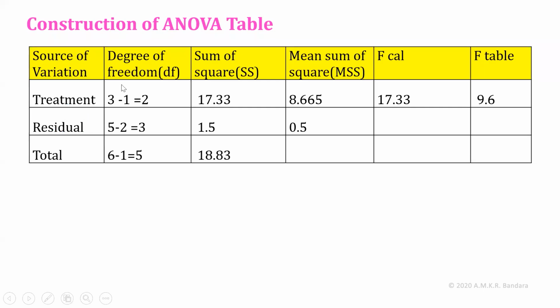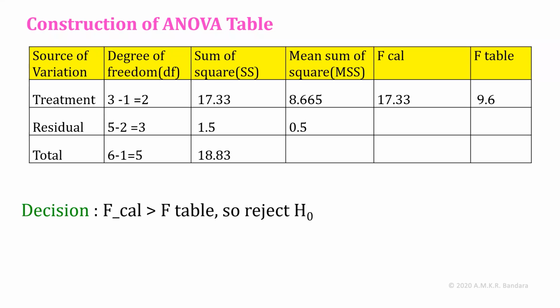So, under the degrees of freedom, in this example, we had 6 observations, that is 3 treatments and 2 replicates, 6. From that, we have to deduct 1 in order to find the total degrees of freedom, that is 5.